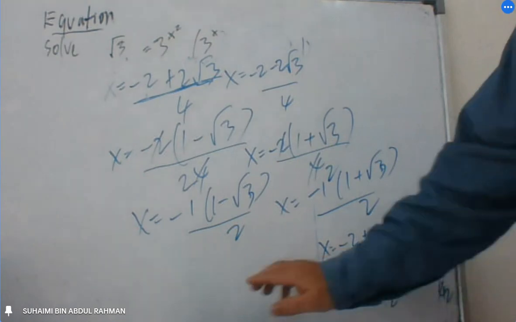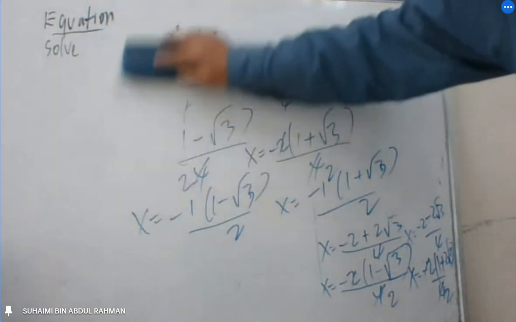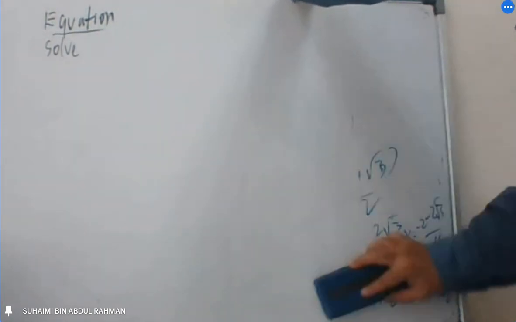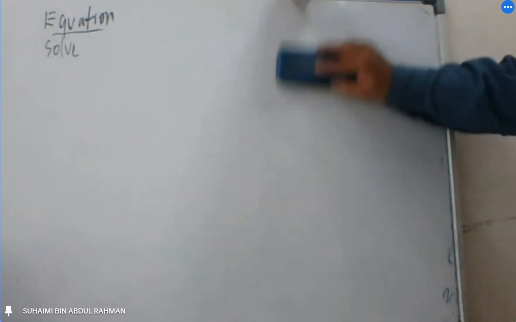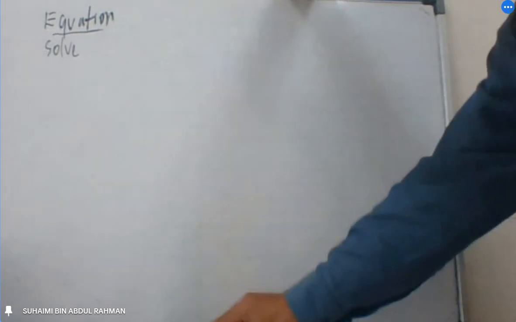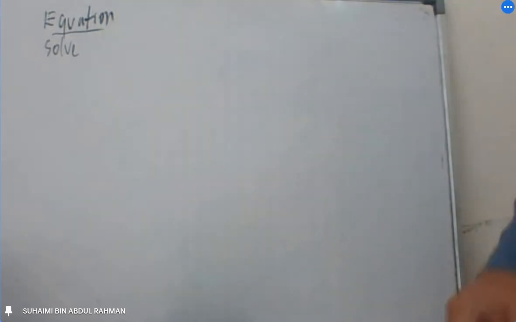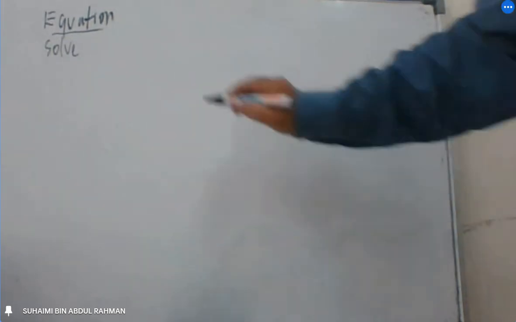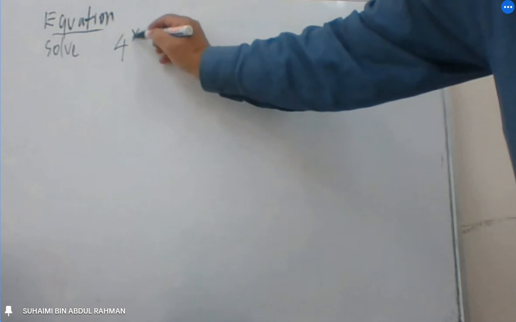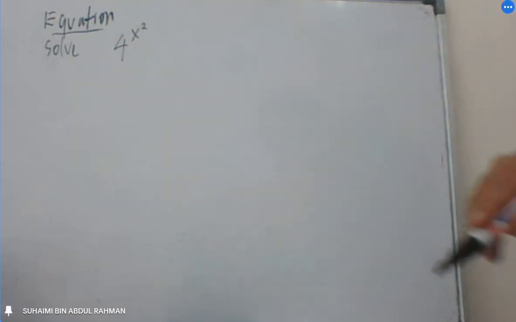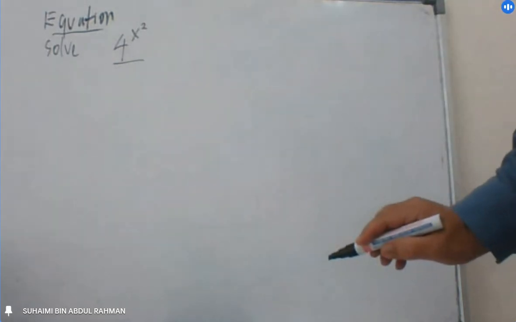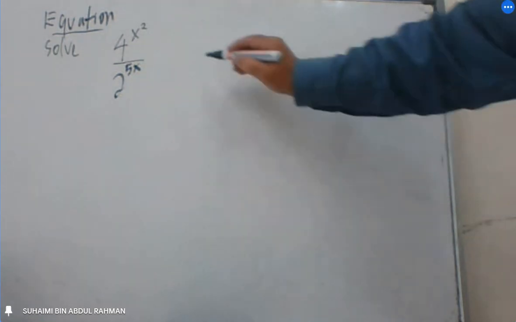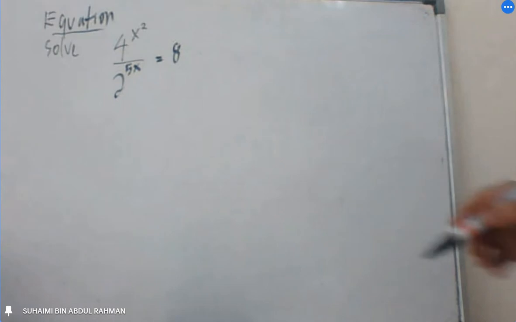Four x squared divided by 2 to the power of 5x equal to 8.